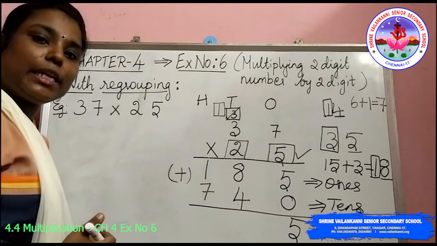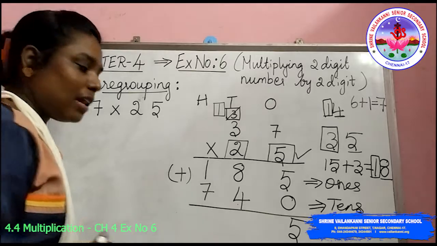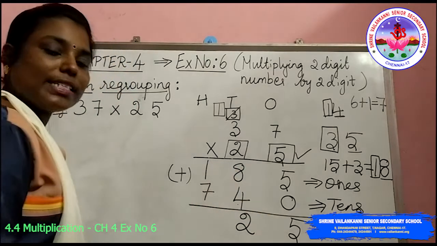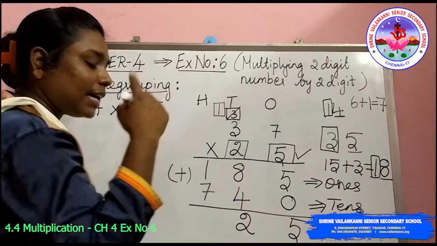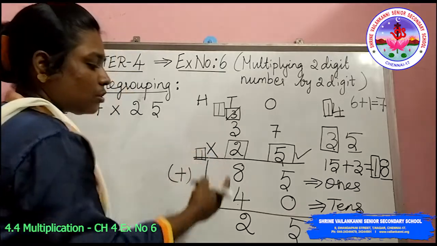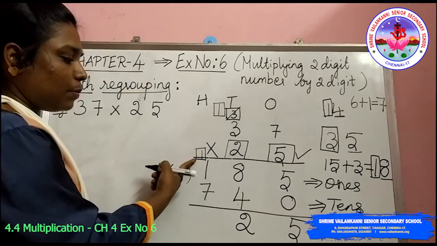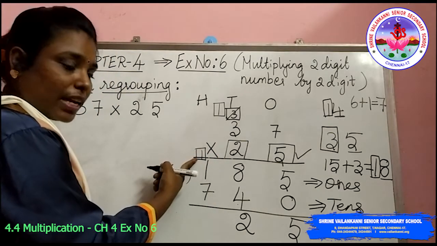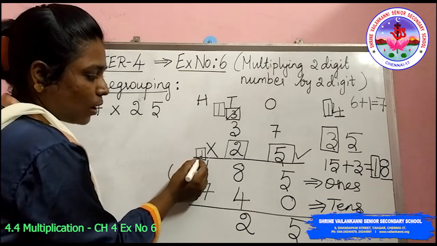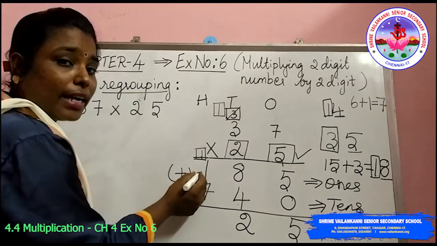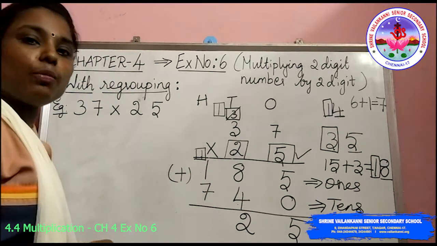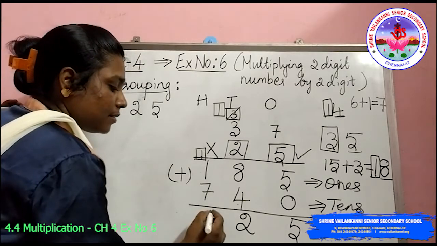Add and tell me. 8 plus 4 gives 12. 12 is a 2-digit number. 2 falls under the ones place and 1 in the tens place I have to take as a carry forward. So this one is taken to the next place value and I have written it as a carry forward. Now 1 plus 1. This one and this one should be added. 1 plus 1, 2. Then 2 plus 7. What is 2 plus 7? 9.